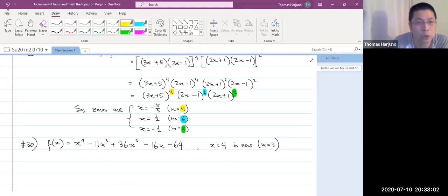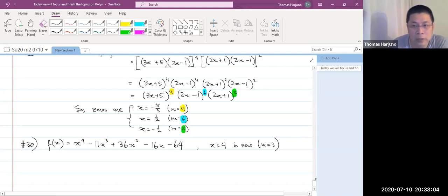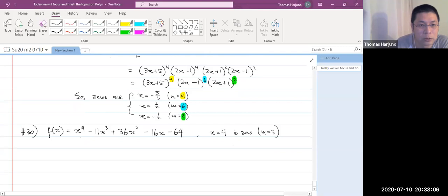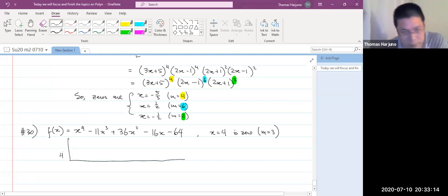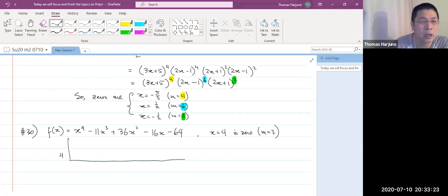So I can reduce that polynomial using 4 three times. You will see that we just need to reduce that to the degree of 2, and then from there we factor it.